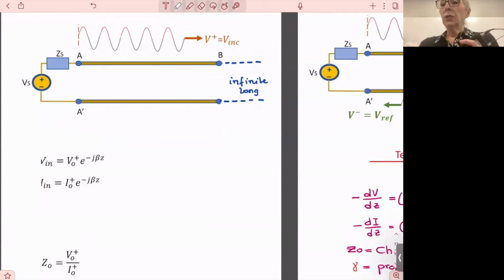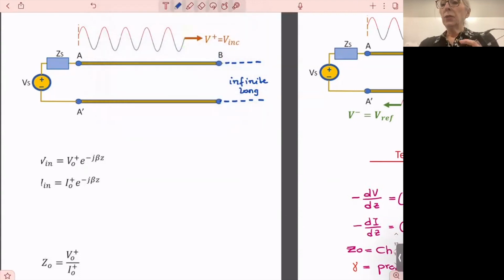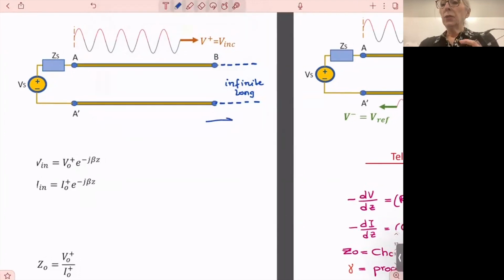Whenever you see me writing V plus, it means the incident wave, and it shows that the wave is excited by the source and then starts going on this line. This is not in the time domain. This is space, so we are in a one-dimensional space right now, where this is the z direction.